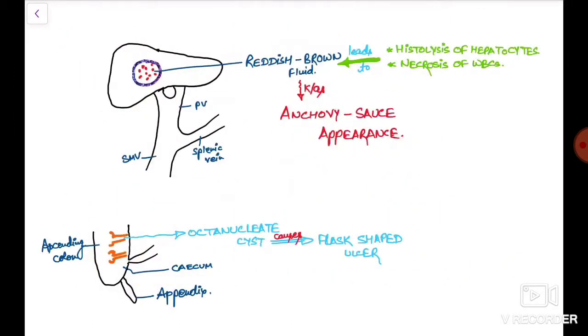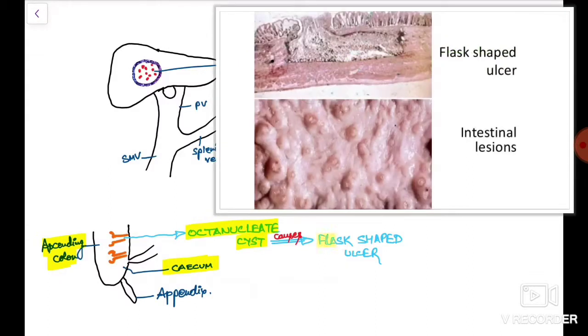In this diagram we can see that in the ascending colon and in the cecum, the trophozoites cause flask-shaped ulcers.